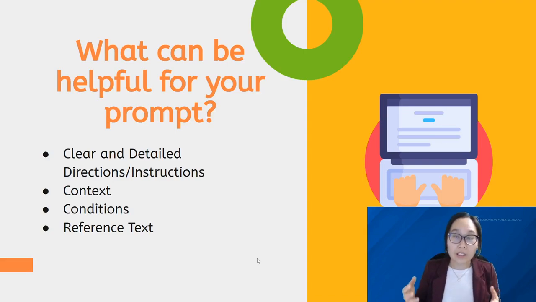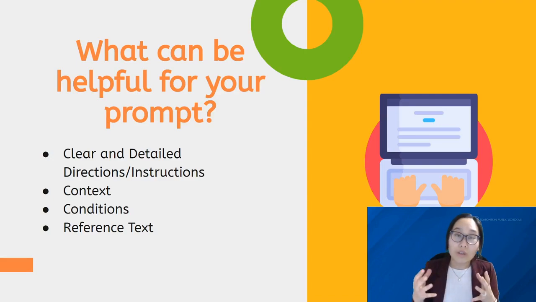Providing context for the prompt can be very, very helpful because that context can provide background information, it can provide the purpose of the prompt, perhaps who the intended audience is, and then, of course, even consider things like conditions.